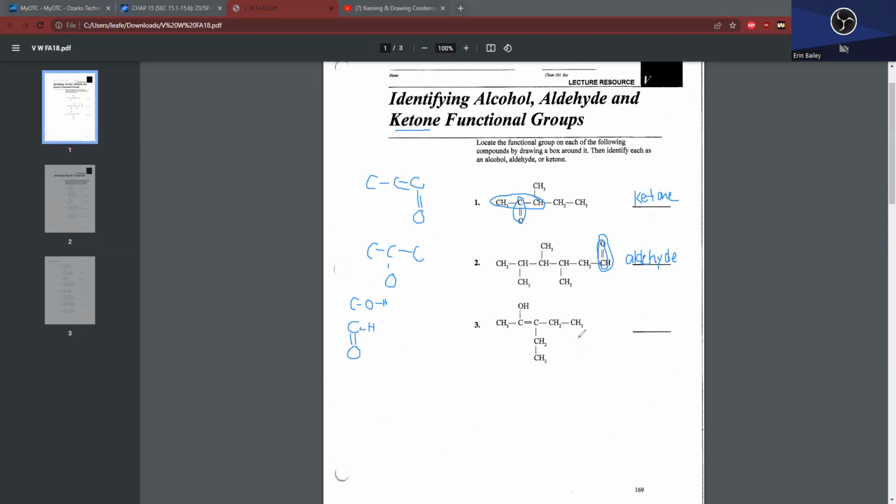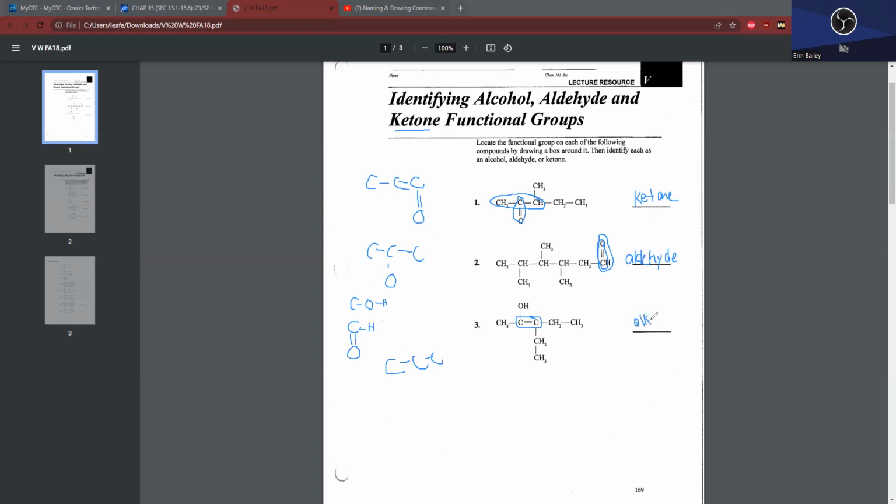Okay, so whenever I go down here to the third one, the first thing that I see that is different than all of the other ones is that there is a double bond between two carbons here. And immediately when I see that, I think, oh, this isn't even an alkane, because alkane is only single bonded, single bonded, single bonded. This is a double bond, which is actually going to be an alkene.